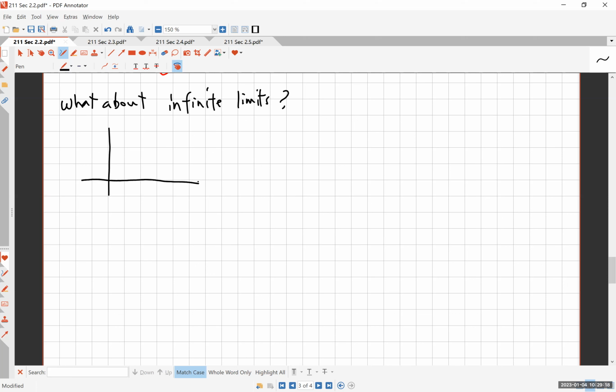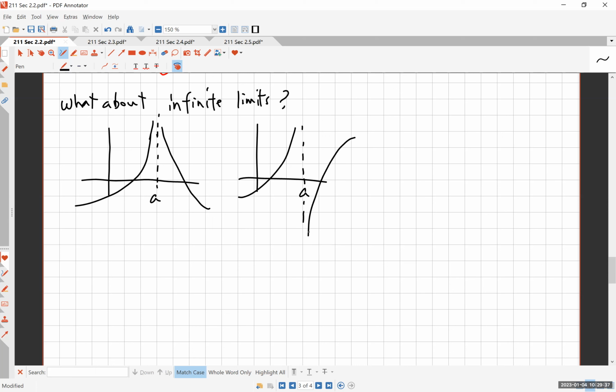If you have a function like this, and at this point a, the graph goes like this and like this. Or the graph goes like this, but this side is that way. Or the graph goes like this, both going down.